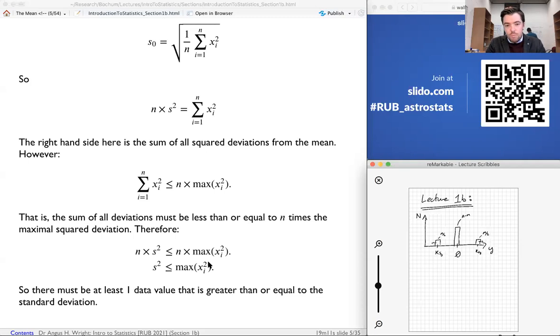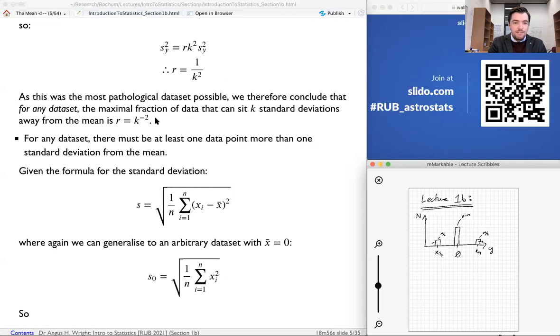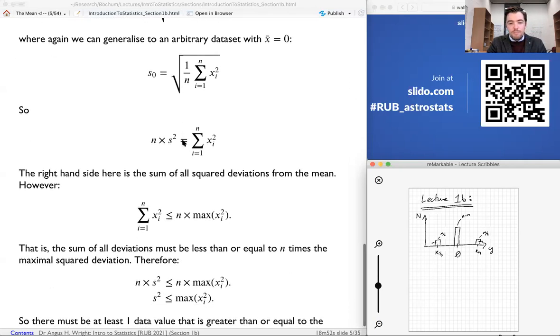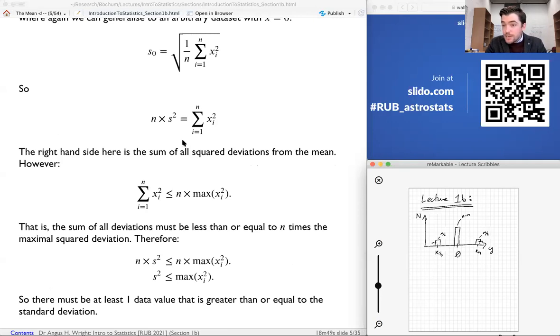We're going to see why these two properties that we just discussed are quite important. The first one, I would argue, is the most important one. So the k standard deviations away thing. But basically what this is telling us is that the standard deviation is quite informative, right?